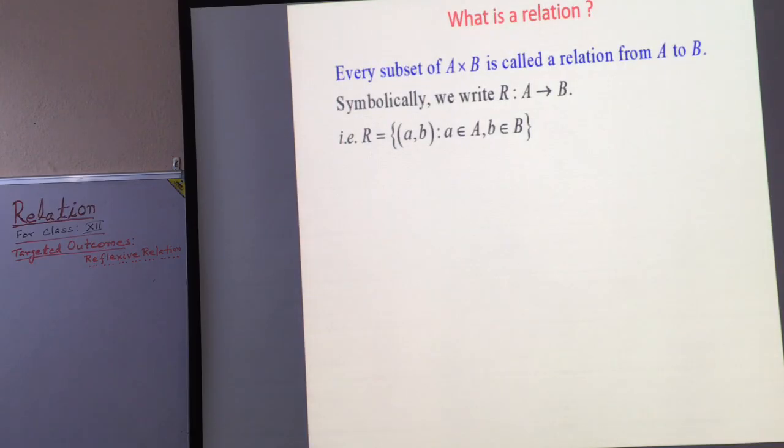We know every subset of A cross B is called a relation from A to B, and symbolically it is denoted by R is a relation from A to B by this symbol.